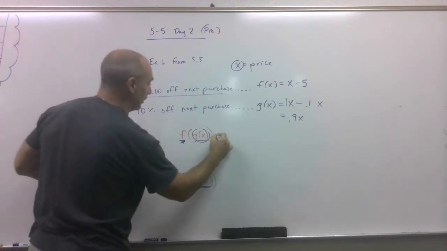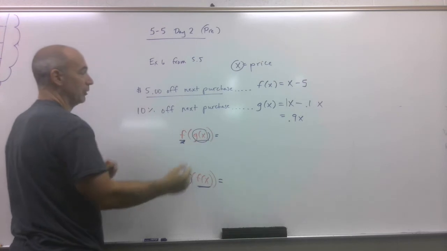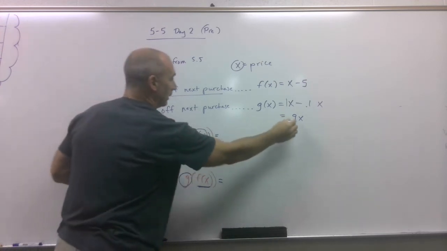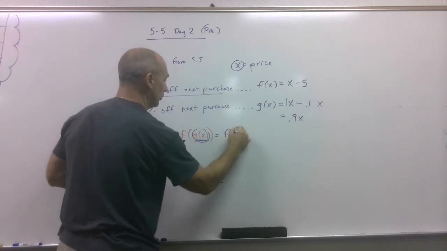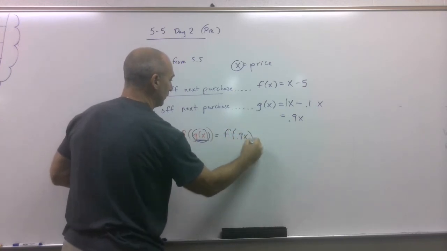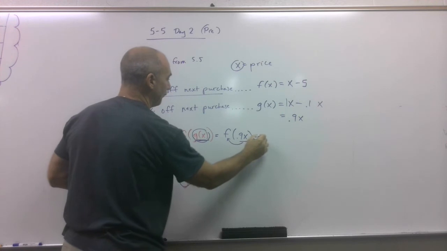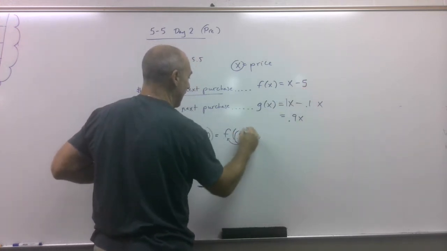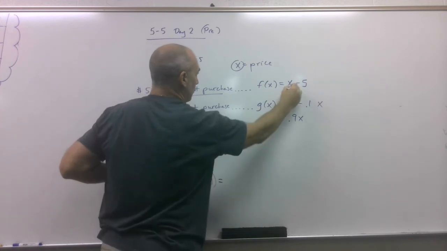See if there's a difference. So let's follow our rules. Well, g of x is 0.9x, so this turns into 0.9x. Now we've got to plug that into f. So f is right here. So I need to put that in wherever x shows up, which is right here.